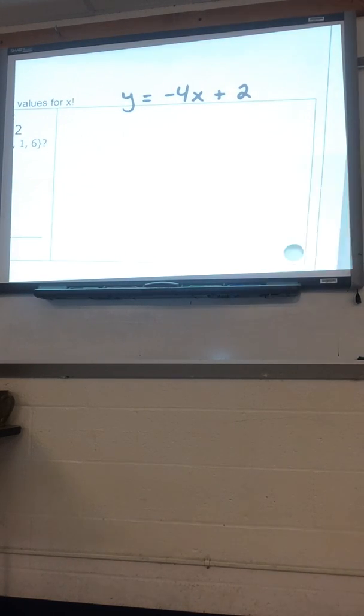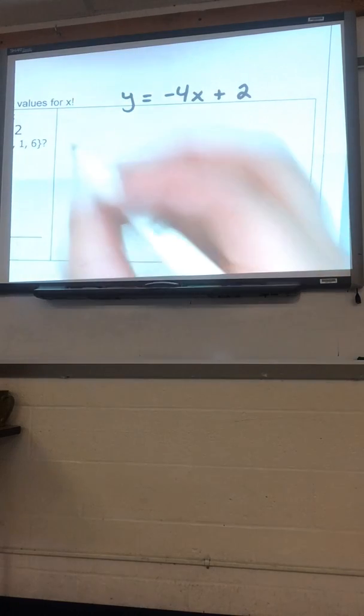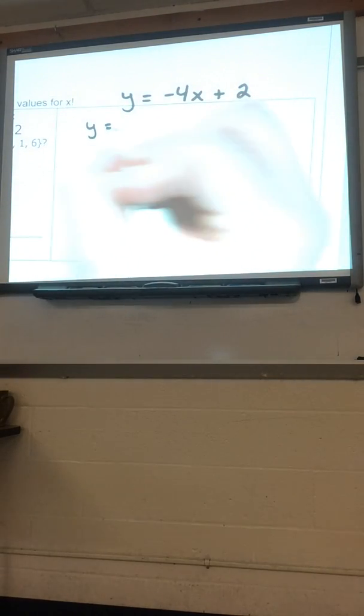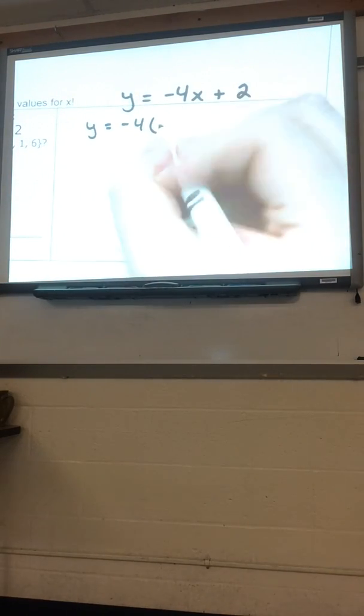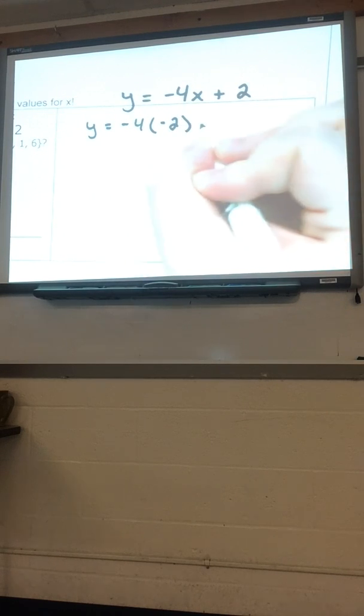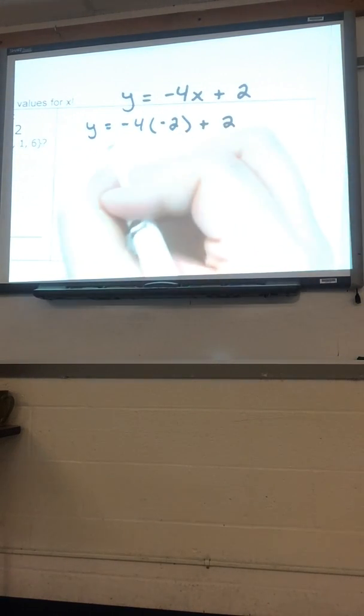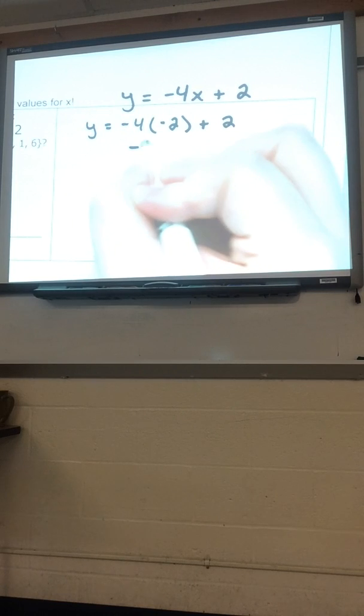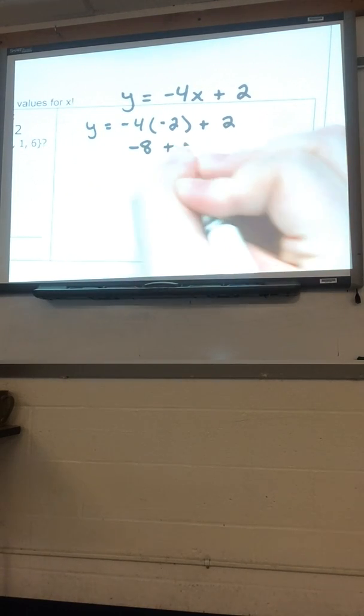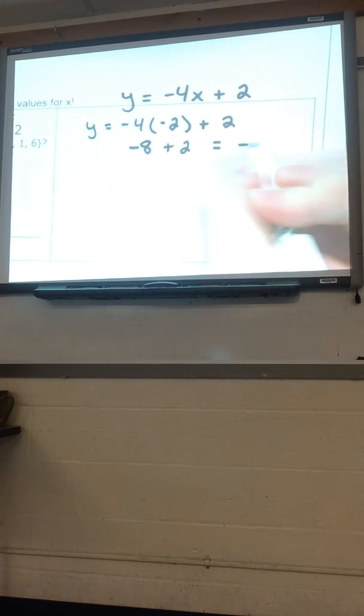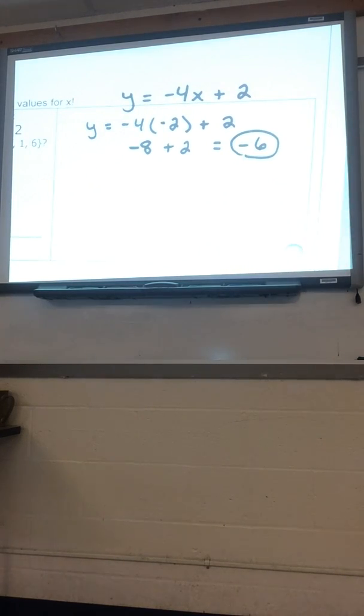Okay? And so my first domain value is negative 2. So I'm going to plug that in. Y equals negative 4x, I'm putting in negative 2, plus 2. Negative 4 times negative 2 is negative 8. Negative 8 plus 2 is negative 6.